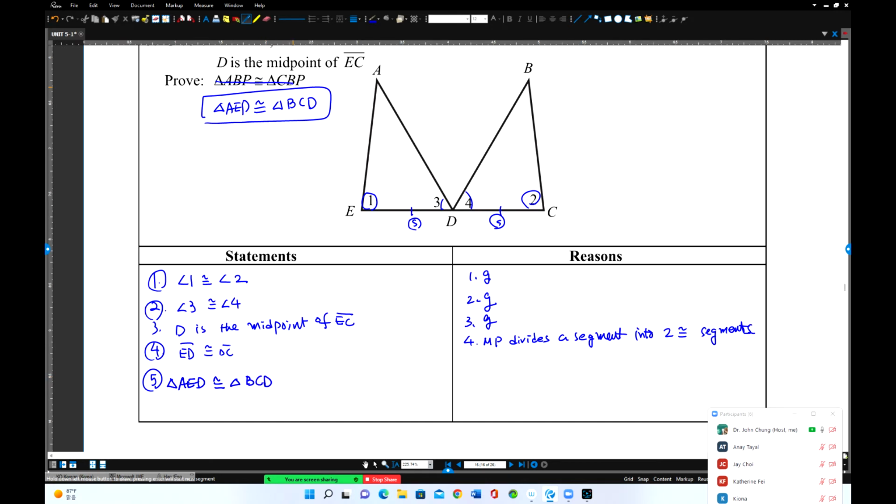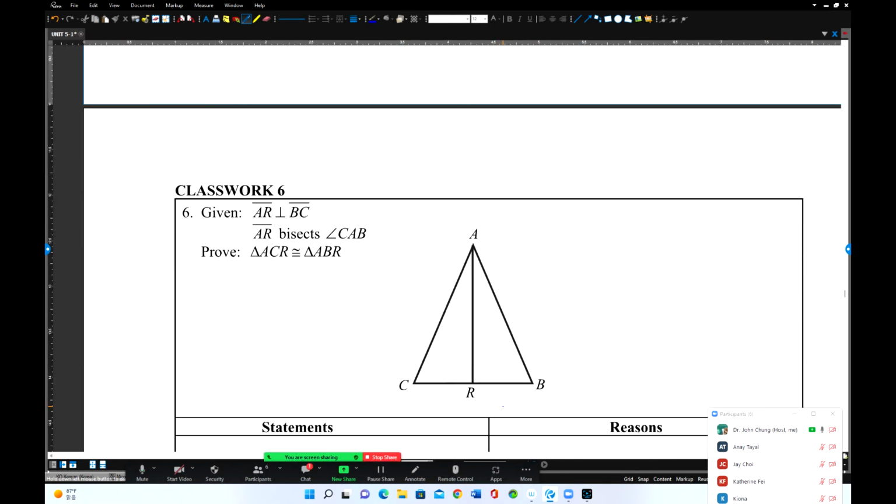You gotta change this one. The reason is angle, side, angle. Now move on to the next question.